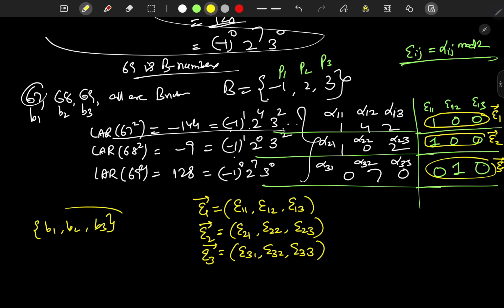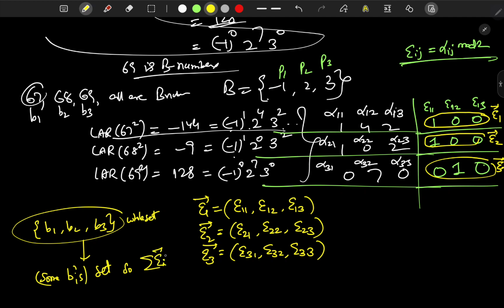Now out of this whole set we are selecting a few, some bi's, so that the condition is that the corresponding epsilon vectors for each bi should equal 0, meaning when you apply mod 2 again it becomes 0.